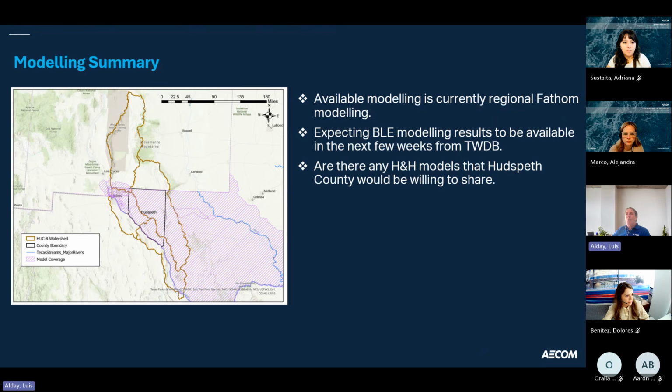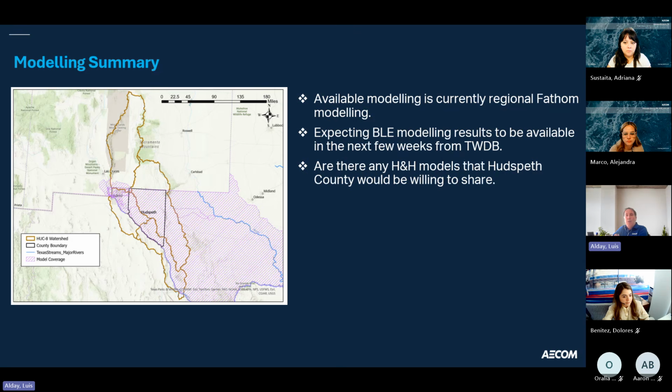So now we have the Fathom modeling that is available. Like I said before, it's very rough, and there is BLE modeling that TWDB has created. BLE stands for Base Level Engineering modeling. It's a model called HEC-RAS that was developed by the Corps of Engineers. It's more accurate, and we use that model.